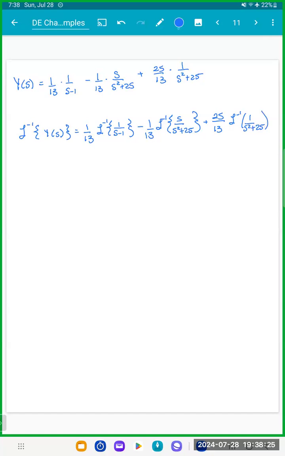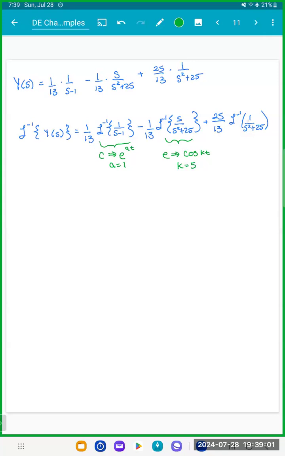Okay, so let's decompose a little bit of the things that we need. We know for this first one, that's like the format of C. So that means we need e raised to the at, with a being equal to 1. For this one, that looks like the form of part E. So that's the cosine of kt, where our k in this case is going to equal 5.